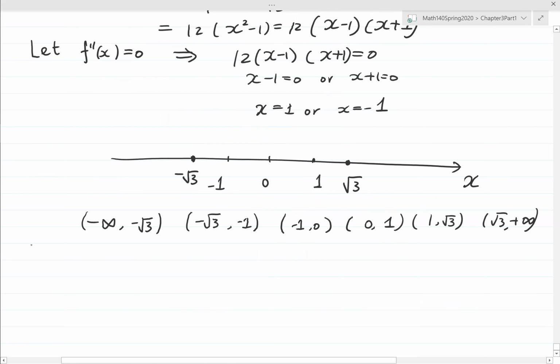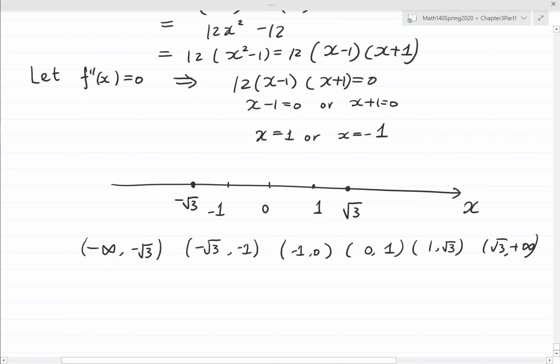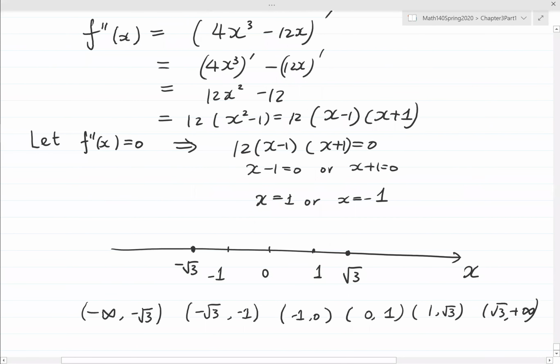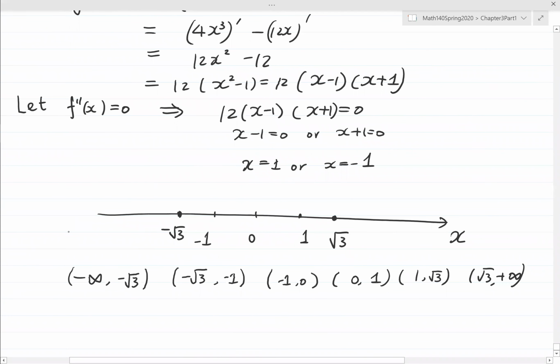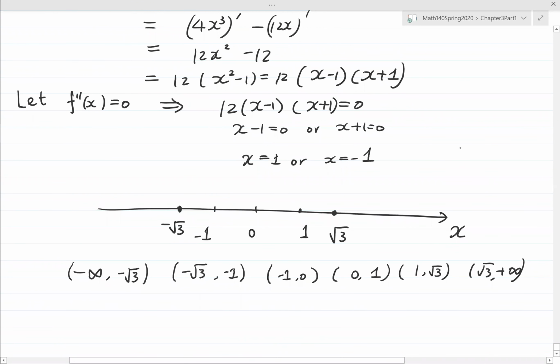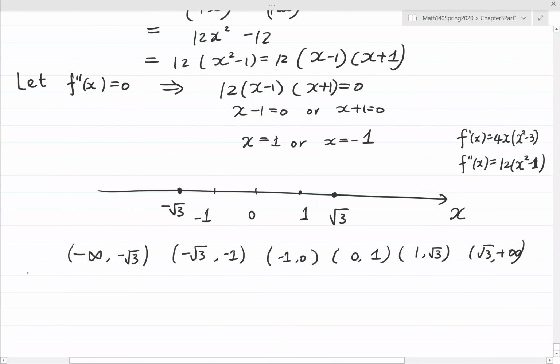Okay, so the factors. Let me write here, f derivative is 4x times (x squared minus 3). Now f second derivative is 12 times (x squared minus 1). Now you check on each interval whether it is positive or negative.